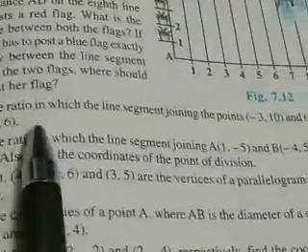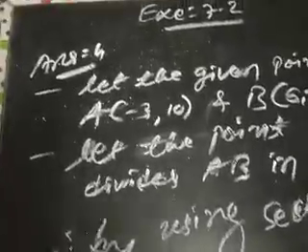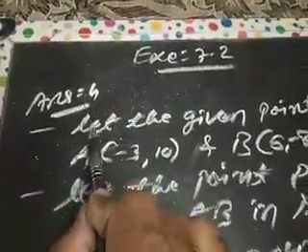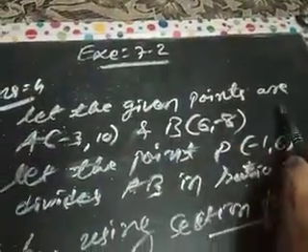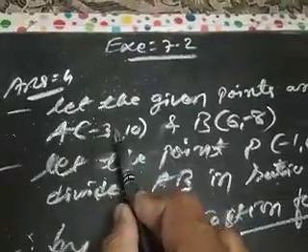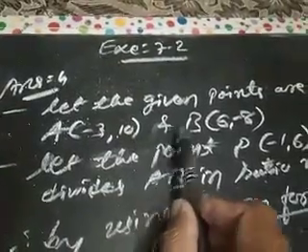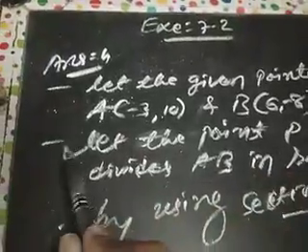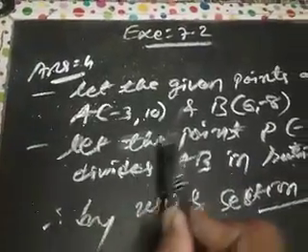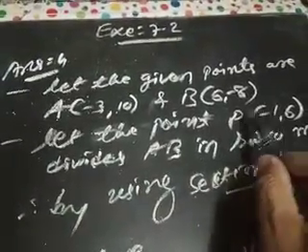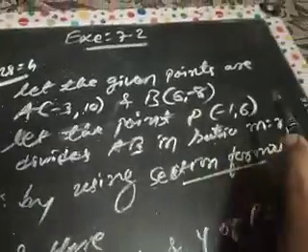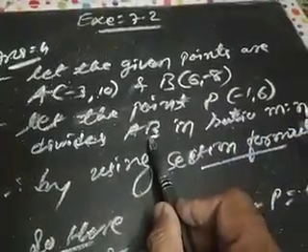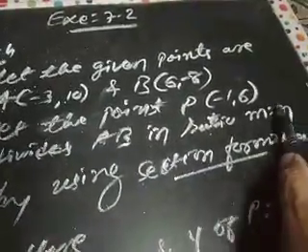So answer number 4. Let the given points be A (minus 3, 10) and B (6, minus 8). Let the point P (minus 1, 6) divide line segment AB in the ratio m proportional n.